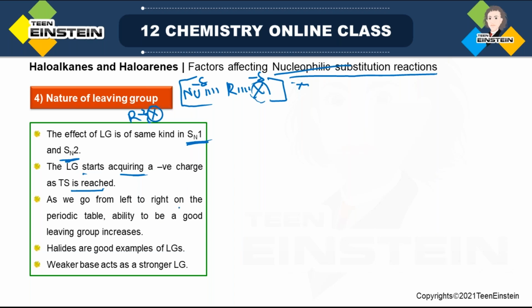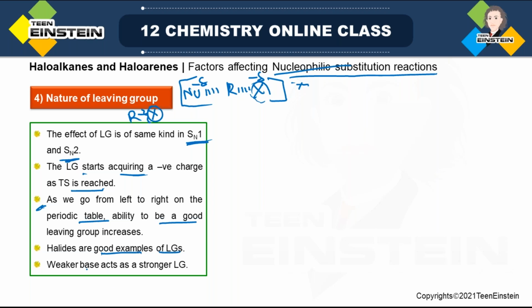As we go from left to right on the periodic table, the ability to be a good leaving group is increasing. And we know that halogens are at the right-hand side extreme because they are from group 17. So halogens are very good leaving groups, both for SN2 as well as SN1. So from this you can understand that halides are a very good example of leaving group.